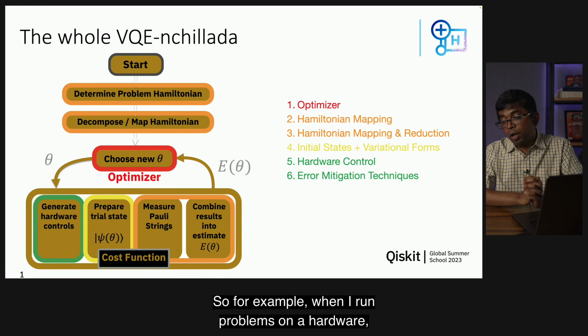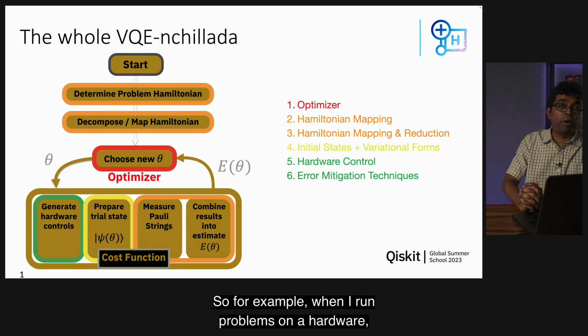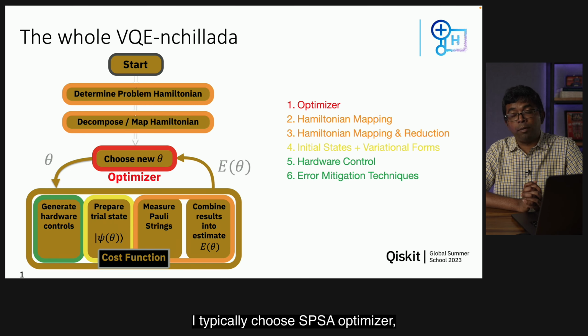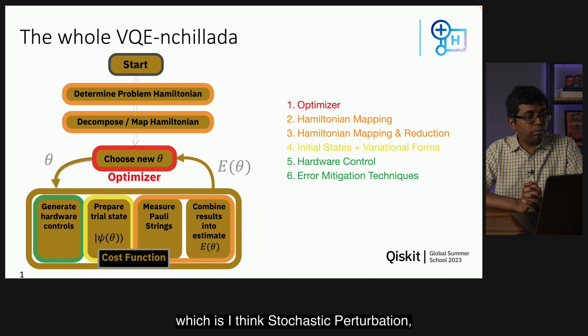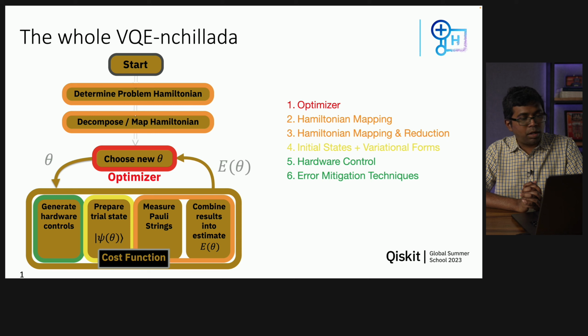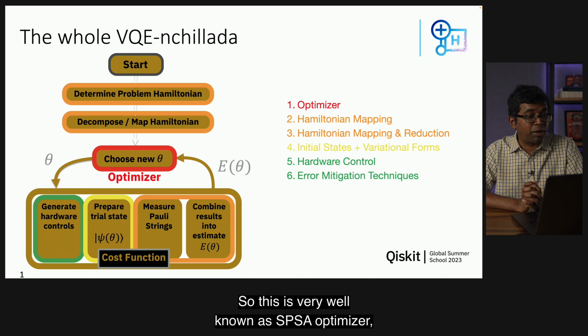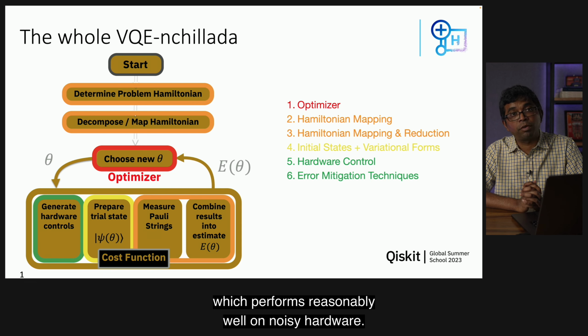For example, when I run problems on hardware, I typically choose the SPSA optimizer, which is stochastic perturbation, I forgot the full name. It's very well known as the SPSA optimizer, which performs reasonably well on noisy hardware.